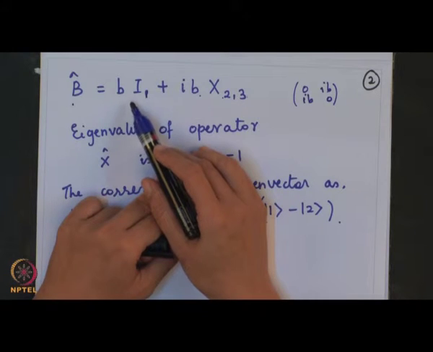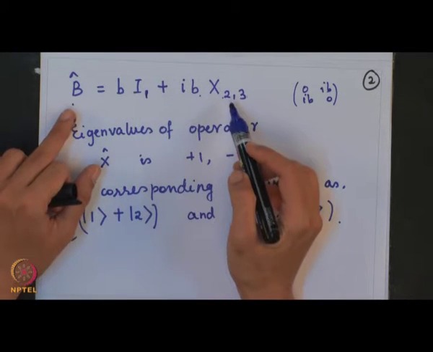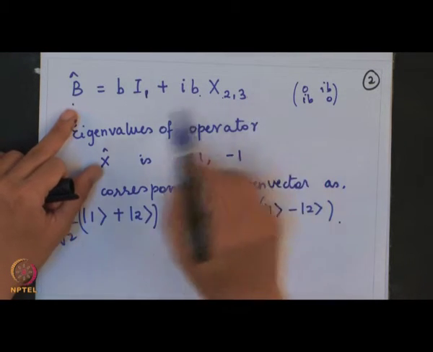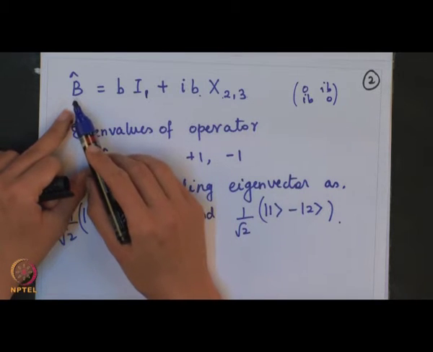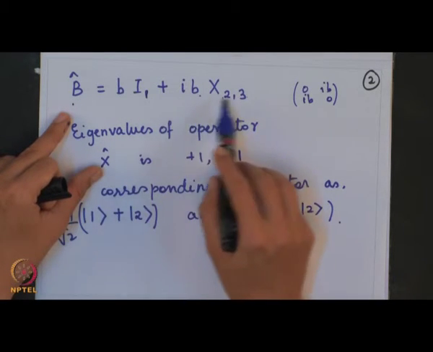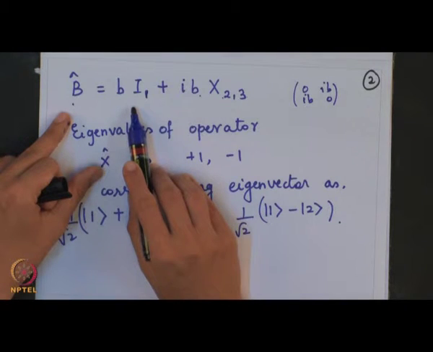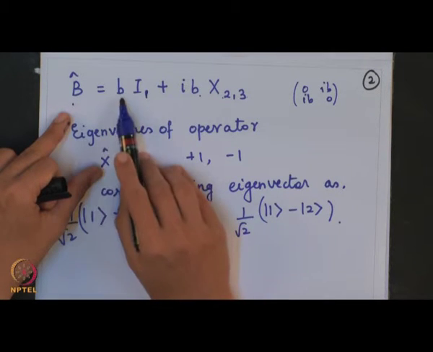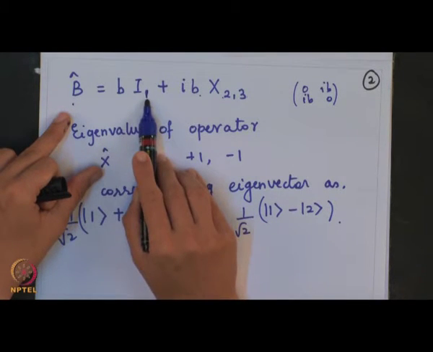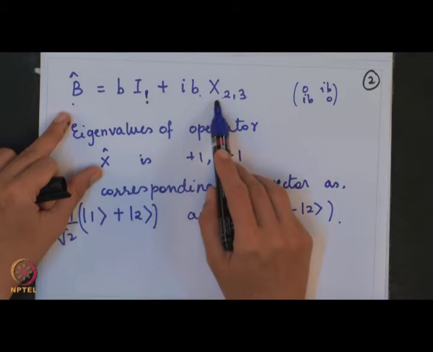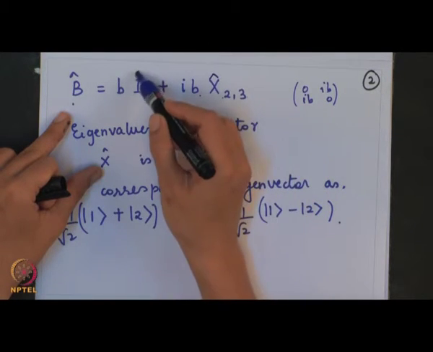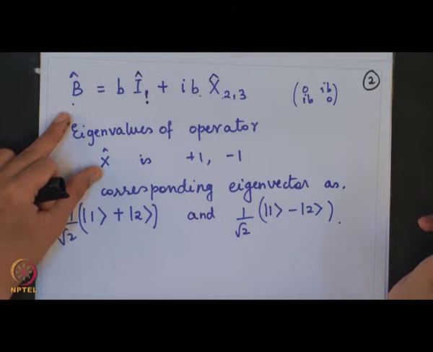So I can write the operator B in terms of the identity operator and the Pauli matrix.